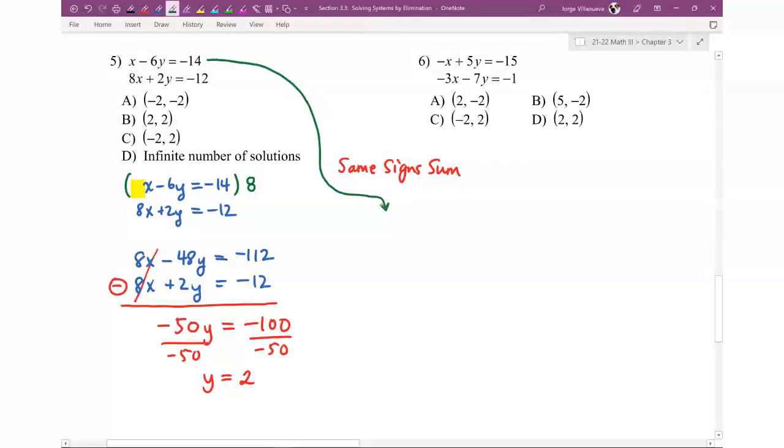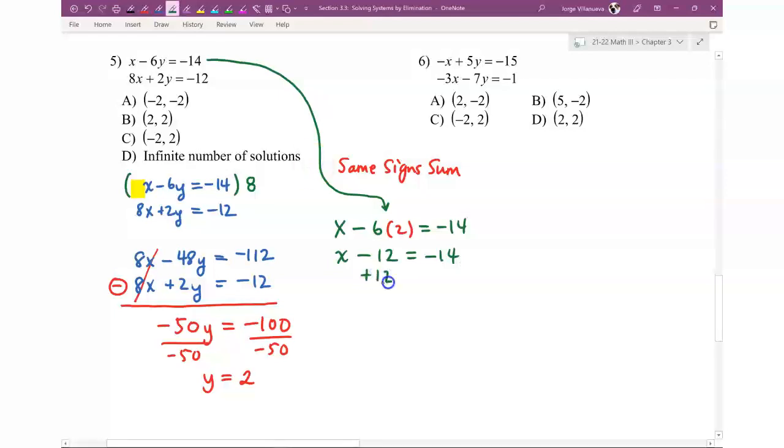I'm going to plug in y equals 2. x minus 6 times 2 equals negative 14. Okay, x minus 12 equals negative 14. And I just got to get x by itself. So I got to move that negative 12.